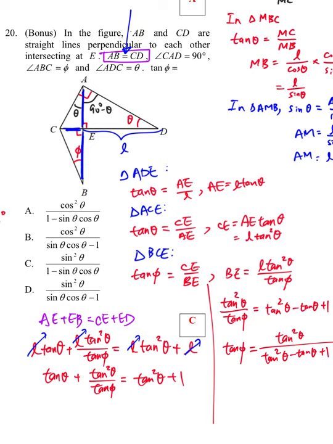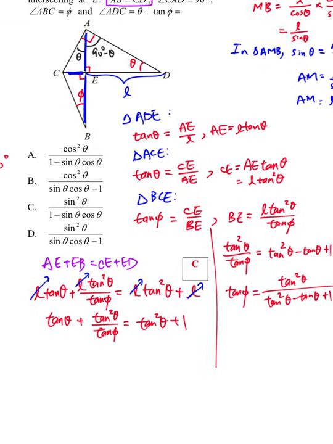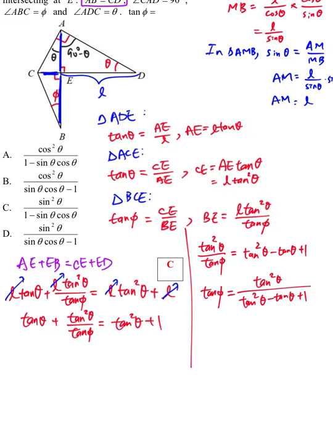So you see that the final answer has to be in terms of cosine theta and sine theta. Now you have something in tangent theta. You have to change all the ratios into sine over cosine. The advantage is you will see very soon that you have 3 terms right now in the denominator, but after you switch to sine ratio and cosine ratio, you have 2 terms in the denominator only.